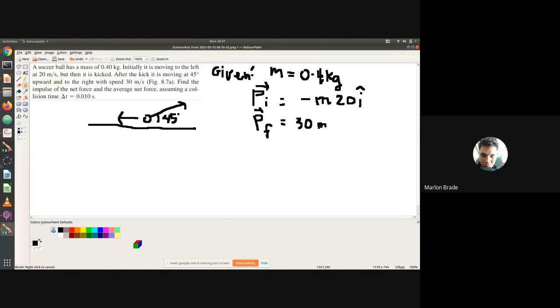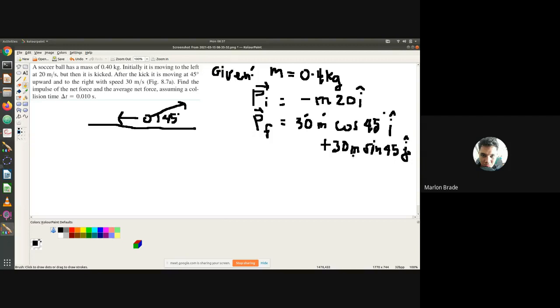So this is the velocity, this is the mass, and this is cosine 45 degrees I hat. So plus 30 m sine 45, and the direction of this is along j hat.